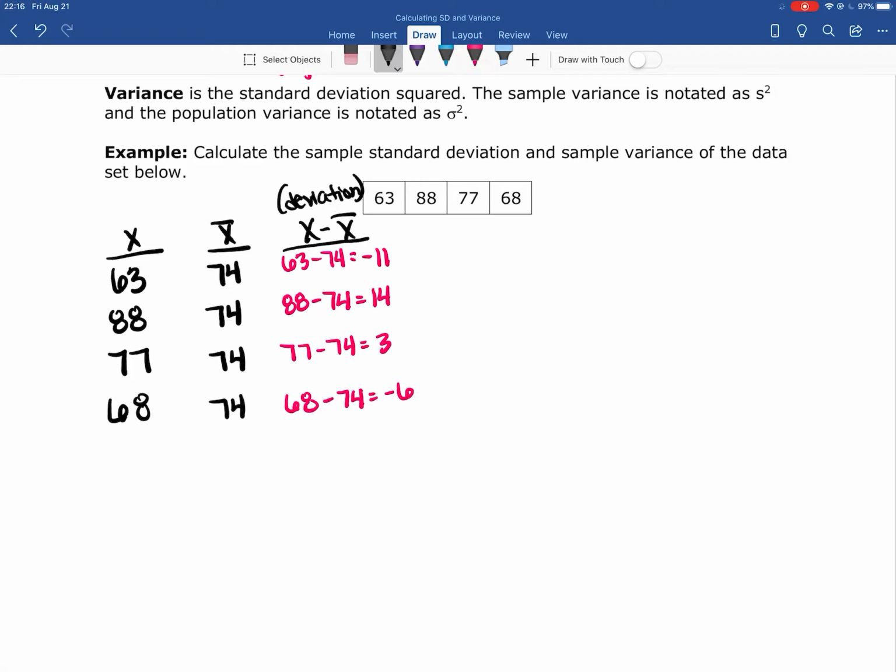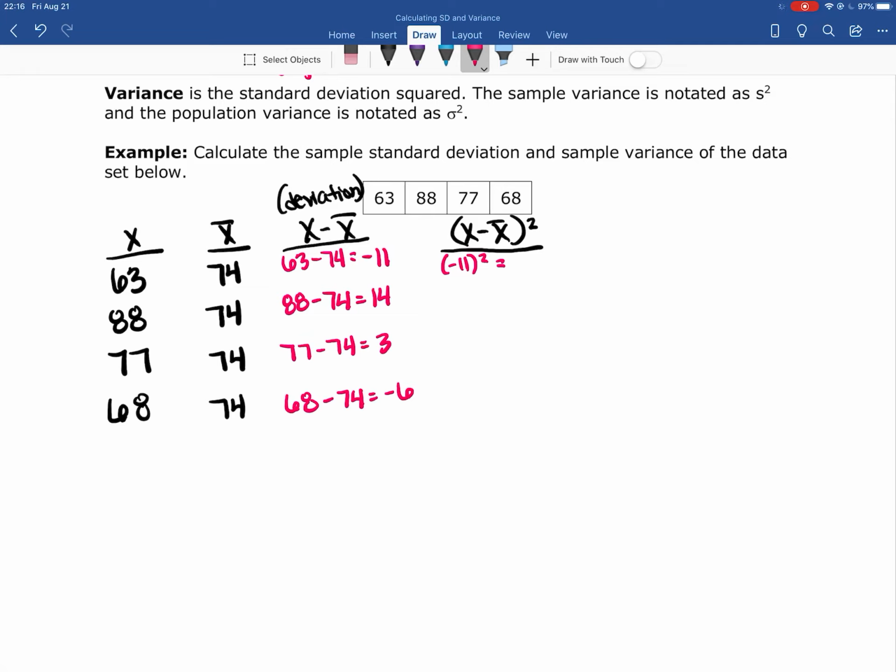The next thing we're going to do is square each of these deviations. I already found the x minus x bar, so now I'm going to square each of those. The first one is negative 11. When you're squaring a negative number in your calculator, you have two options.